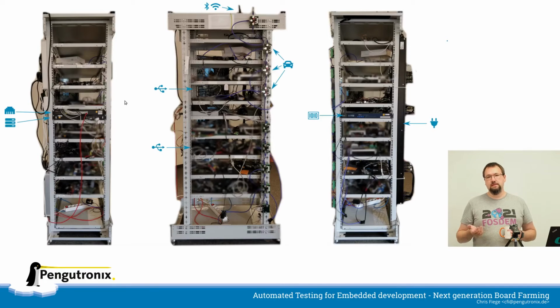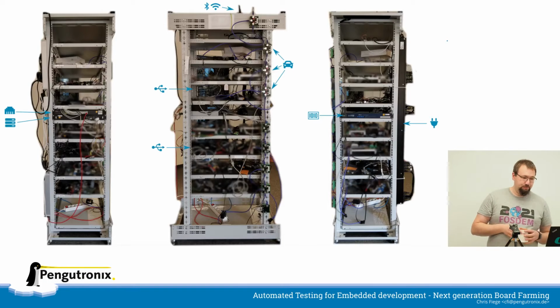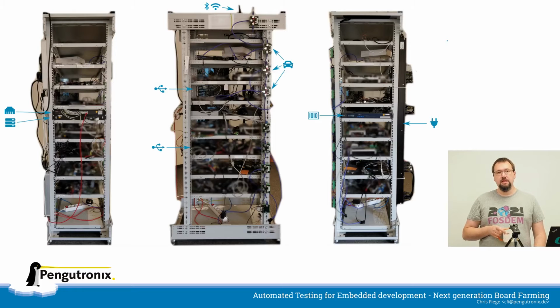There are some buses like RS485 that interconnect multiple places because that's what the devices under test need. Sometimes we need a continuous power supply. So this is a multi-socket thingy in the bottom there. And yeah, that's the real thing if you don't clean up regularly.